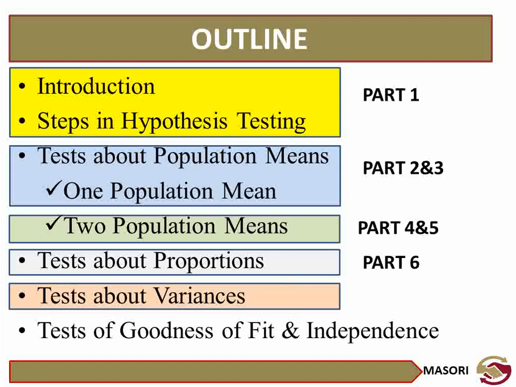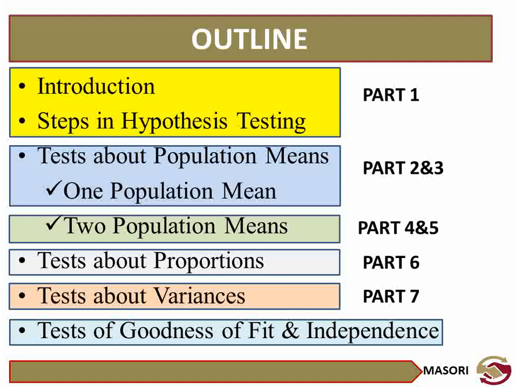And then we will move on in Part 7 to looking at tests regarding population variances and standard deviations. Part 8, which will be the concluding session, will look at the tests of goodness of fit and independence. Let's move on to the introduction to hypothesis testing.